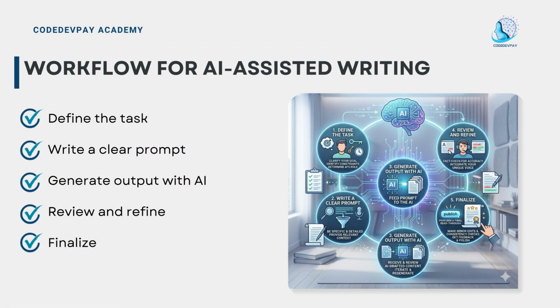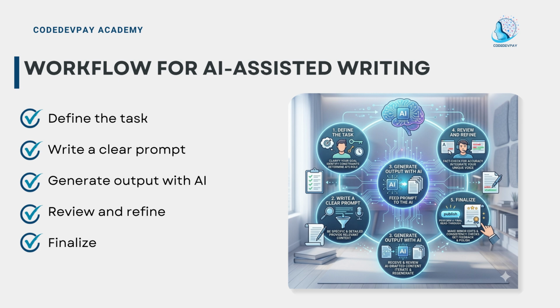Next thing to look at is a sample workflow that can help us in AI assisted writing. So the first thing is to define the task. That is, what type of content is needed in this setting. And then after that, you write a clear prompt. You specify the tone, the topic, the format, and the audience.